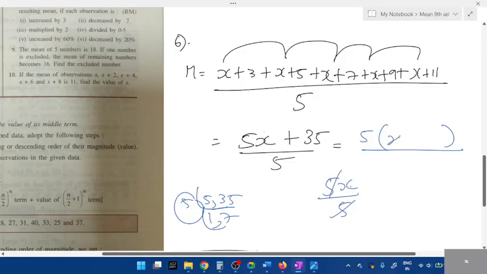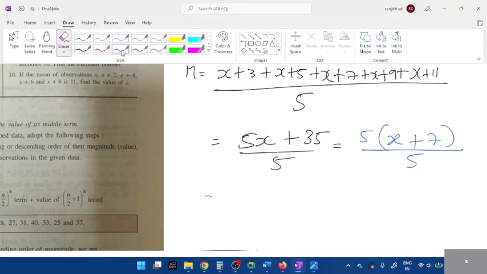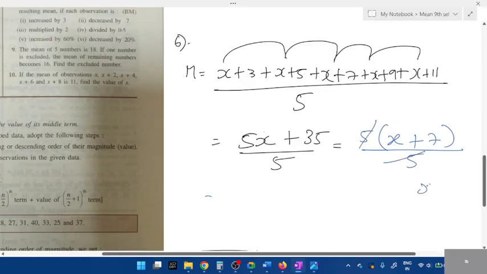What is left? Then plus 35 divided by 5. Jerusha, do you know how to factorize? Okay. Just take the value and divide, students. 5 ones are 5, 5 sevens are 35. Okay, plus 7. Is this okay? Which one gets cancelled? 5 and 5 gets cancelled.